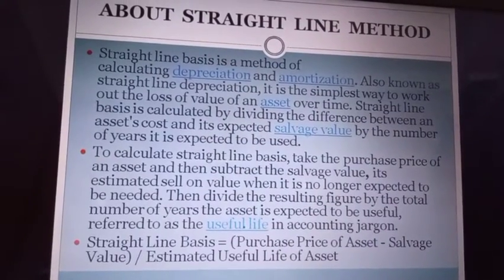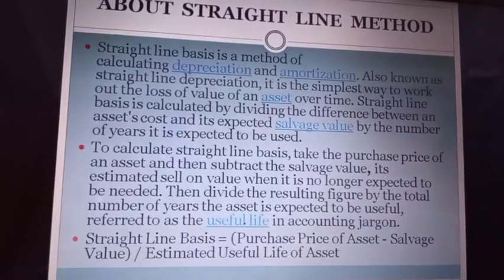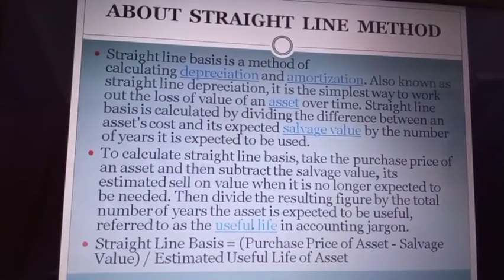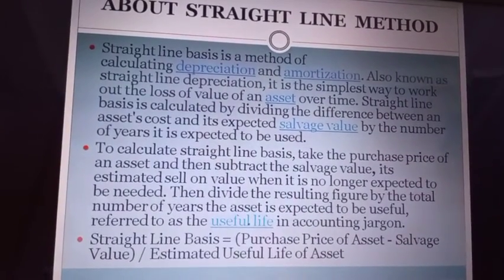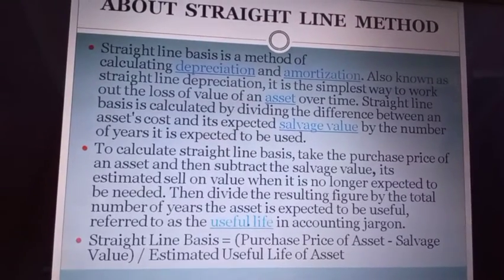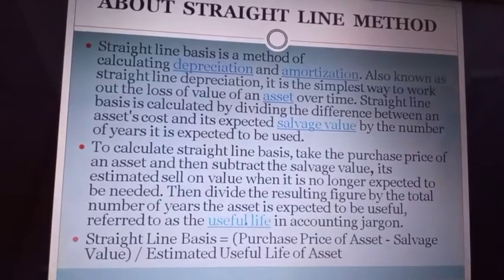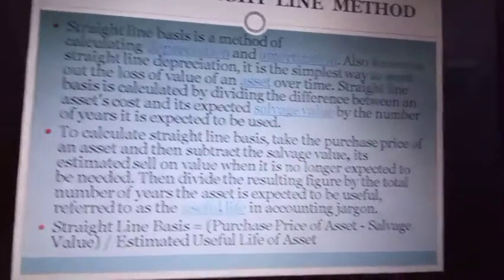So here is about straight line method. This is the simple way of calculating depreciation, because under this method the depreciation value remains same every year. The formula for calculating depreciation is purchase price of asset or original price of asset minus salvage value, which will be given in your question.